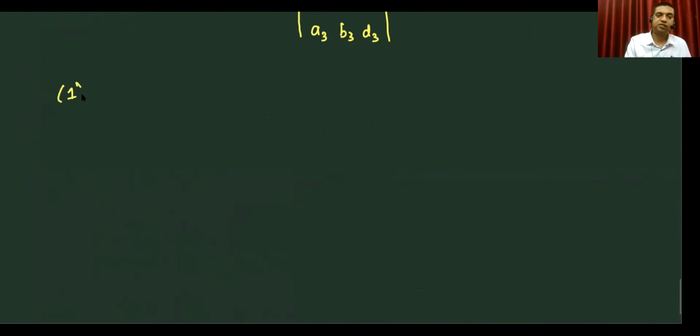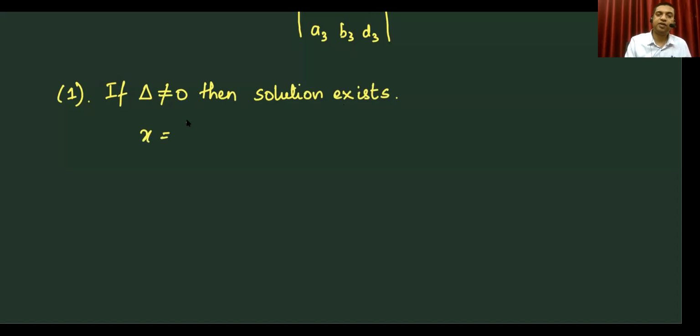Case 1: if delta is not equal to 0, then a solution exists. x is given by delta x by delta, y is given by delta y upon delta, z is given by delta z upon delta. Again, there is a unique solution.